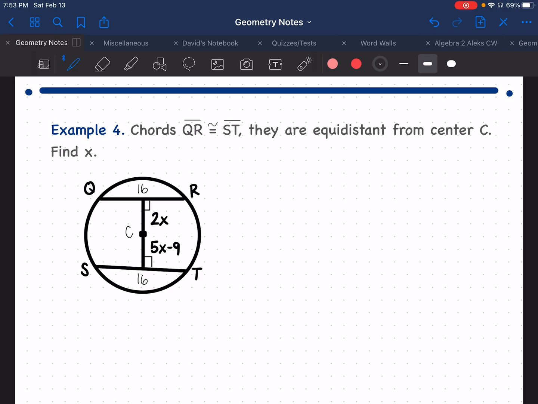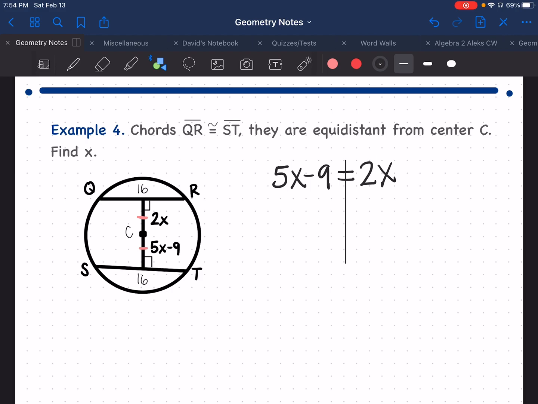Since they are equidistant from the center, that means I can say this and this are the same. If those are the same, I am simply going to say 5x minus 9 is equal to 2x. And I'm going to go ahead and solve this equation.